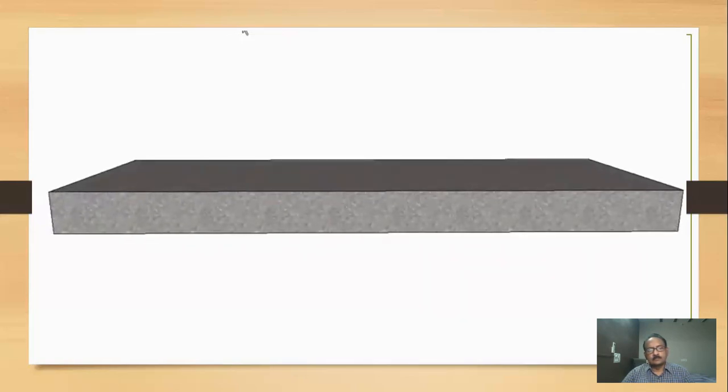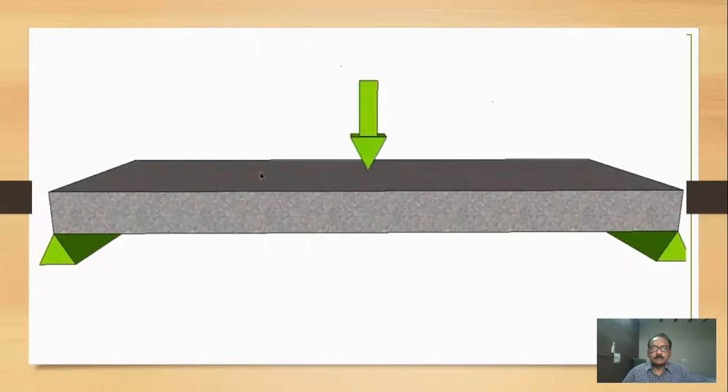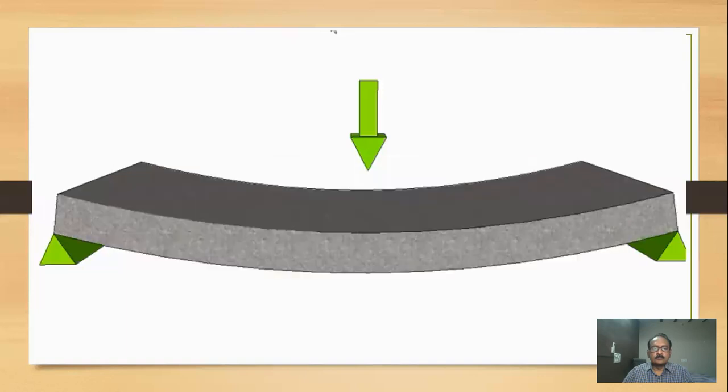But the thing is, our concrete slab's just sitting there. How is it ever going to be placed under compression or tension? What happens, especially with suspended slabs, if the slab's supported on both ends, such as this one, and there's a load placed in the middle, and that could be the self-weight of the concrete or any live loads or dead loads that you're going to put on top of it, then the slab is being pushed, or trying to be pushed, into that shape.